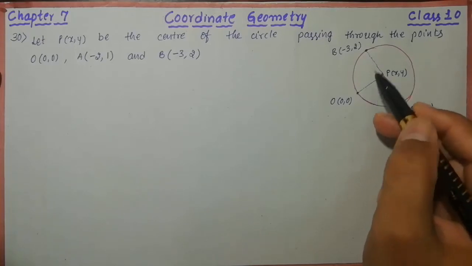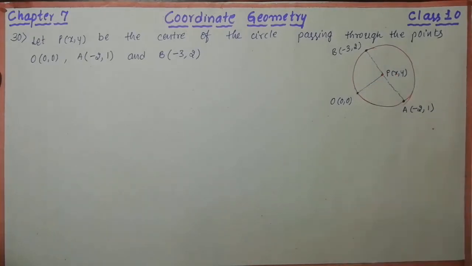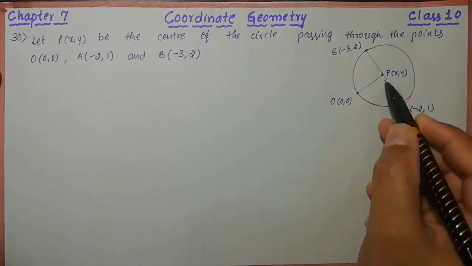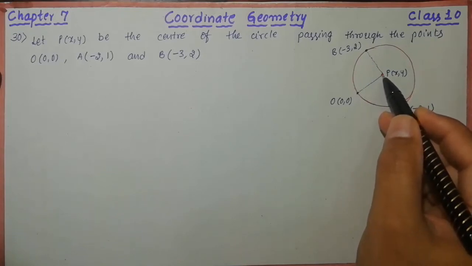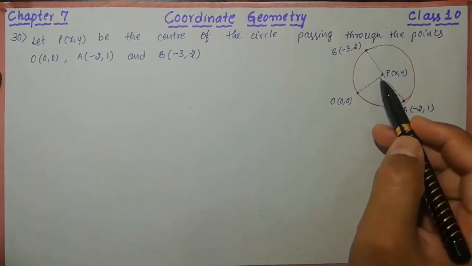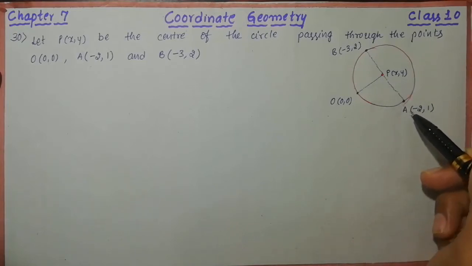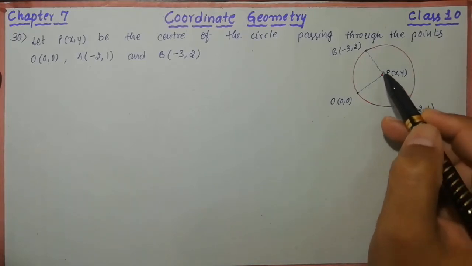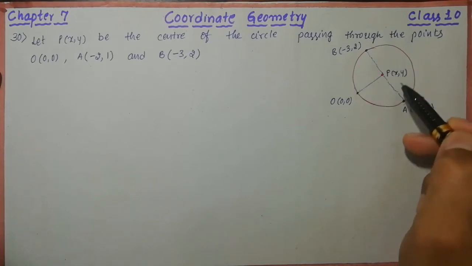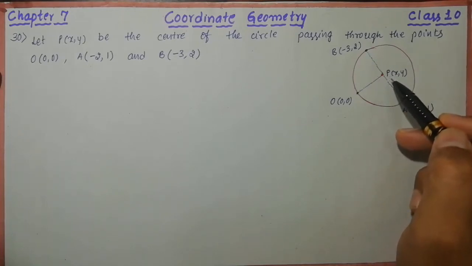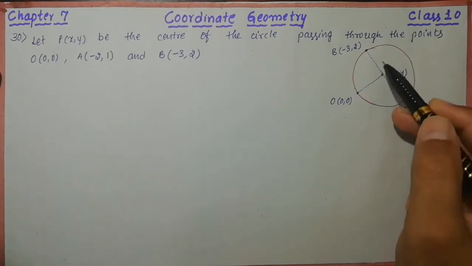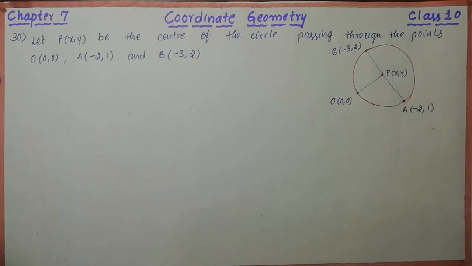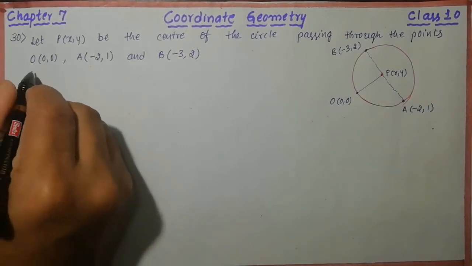I am going to write here O, here B and here A. By this we can understand that OP is the radius of the circle, PB is also a radius, PA is also a radius, and these three should be equal, because a circle has a fixed radius. So PO, PB and PA are all equal.